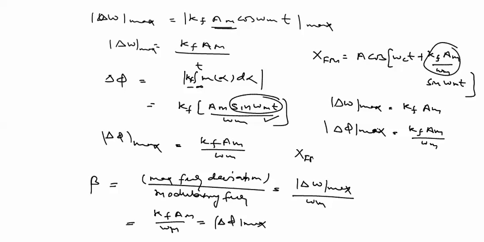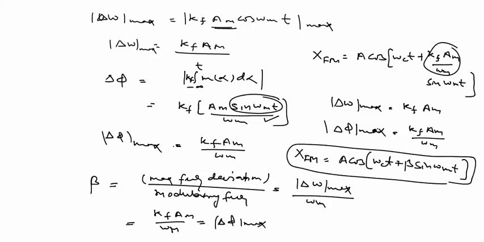The final expression for the FM waveform is cos of omega ct plus beta sin omega mt. We can say beta is kf am over omega m, which means the modulation index depends on the modulating frequency as well as the amplitude of the message signal.